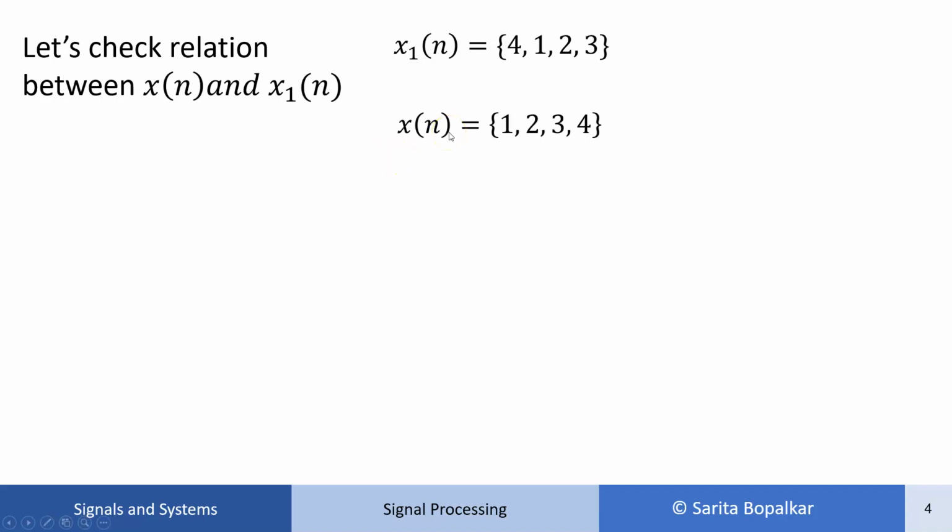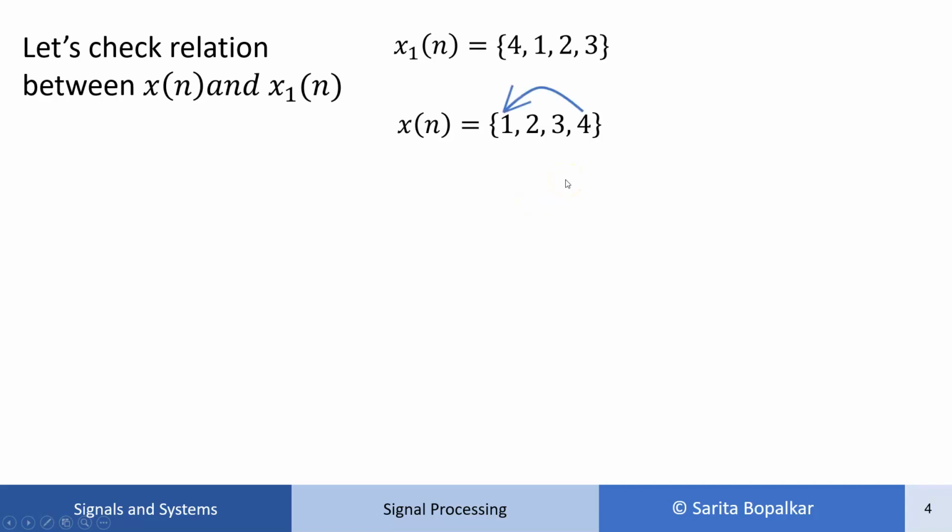Here, first check the number of samples, 4, and the sample values 1, 2, 3, 4. Here also the sample values are 1, 2, 3, 4 but in a shifted manner. So first let's check how much shift there is.